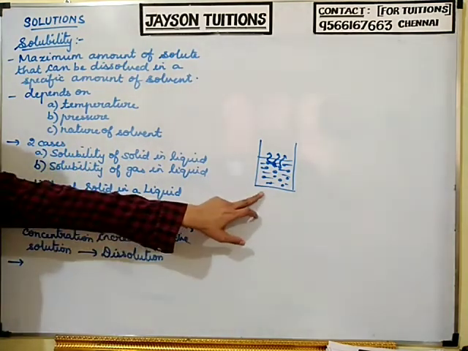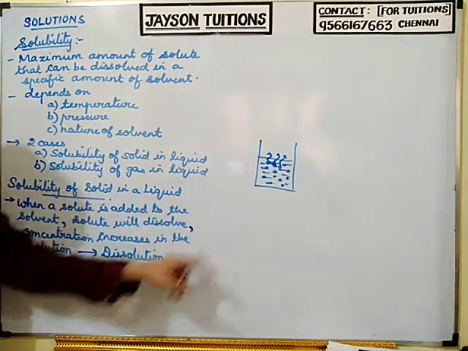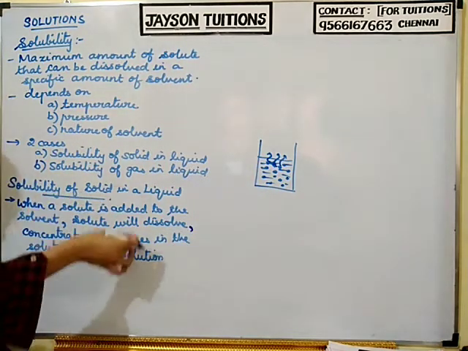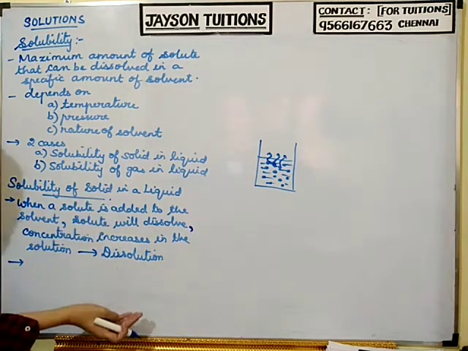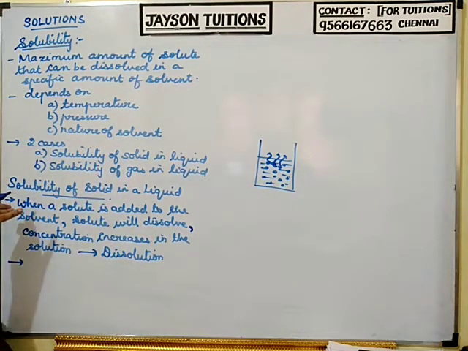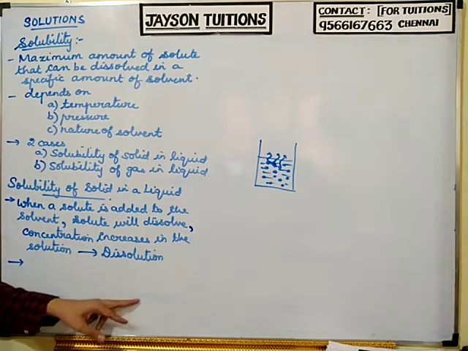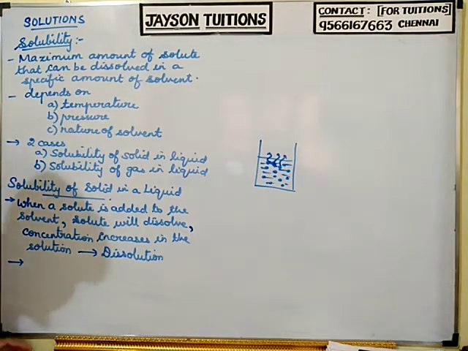This process is called crystallization. The solute getting dissolved in the water is called dissolution. The solute coming out of the solvent is called crystallization. So dissolution and crystallization are opposite.